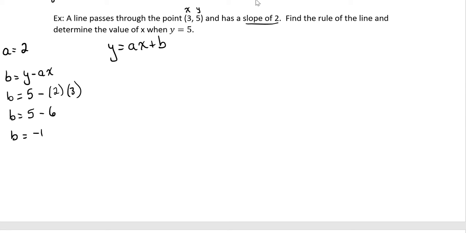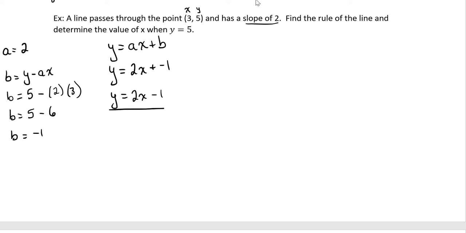We replace a and b with the numbers. So y equals a is 2, and b is negative 1. And we can either write this as plus negative 1, or we can write it as 2x minus 1. This is a little bit neater. Okay? So we've done it.